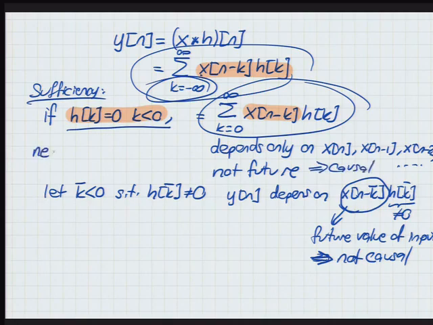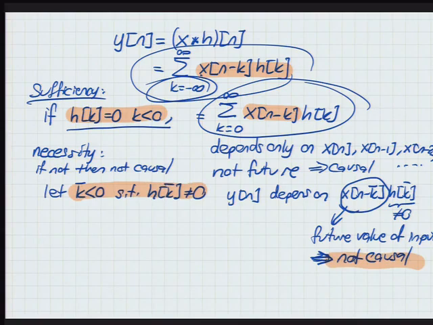And the necessity statement was, if not, then not causal. Or the contrapositive of that is, if causal, that property is there, right? So if not, we rewrote it in this form: there exists a negative k bar such that this is the case, and we argued that that will lead to non-causality.